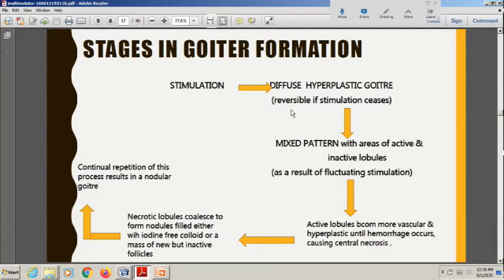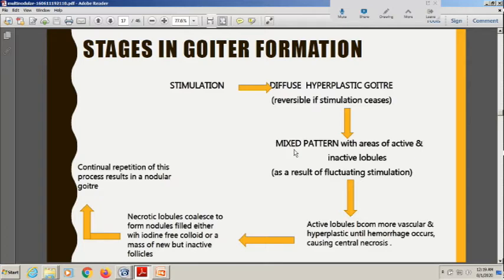Very obviously, if correction occurs by any treatment or self-correction, the hyperplastic goiter cells will decrease and return to normal shape after a few months or years. But when there is persistently low T3 T4, continuous stimulation causes a mixed pattern with areas of active and inactive nodules. What are active and inactive nodules?